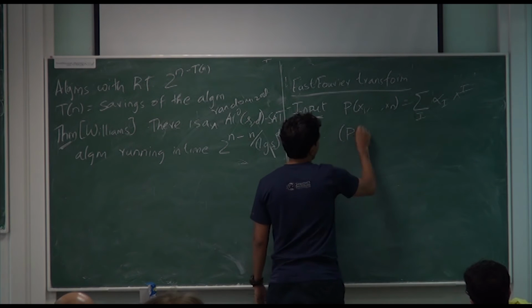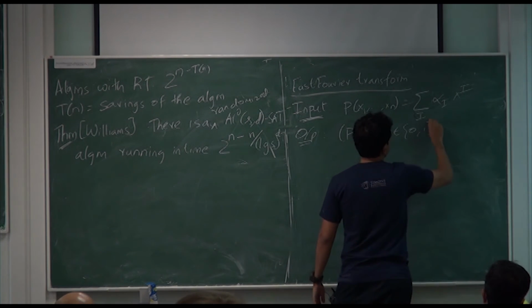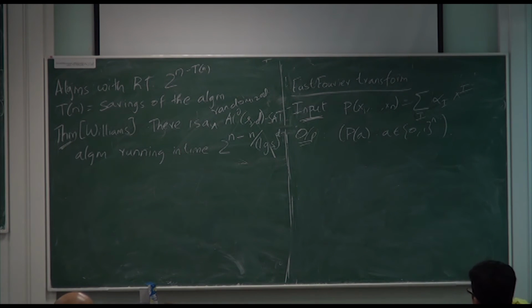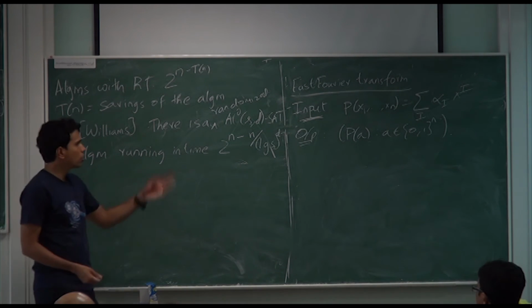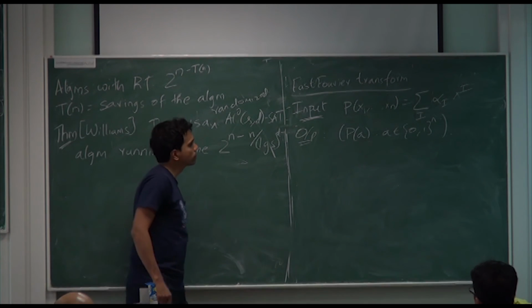So output p of a for a in {0,1}^n. Just like your normal fast Fourier transform, only instead of evaluating on the real line, you evaluate on the hypercube. It's a multivariate version of it.